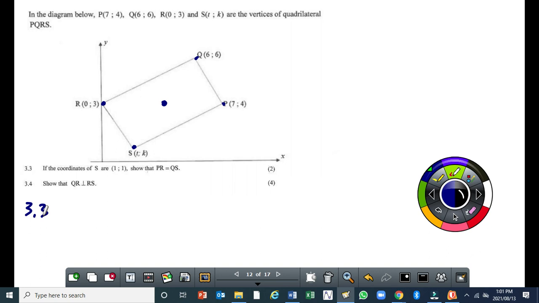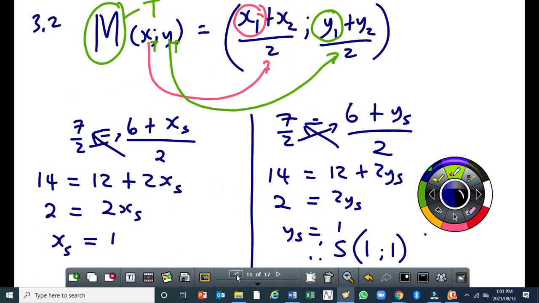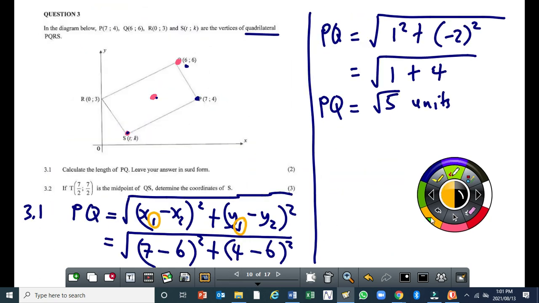Okay? So I'm going to use my midpoint formula. It's M, which will be x1 plus x2 over 2. Please take note that here I'm now calculating the coordinates of the midpoint, which is point T. I know those coordinates because they are given in the previous question. They are here.